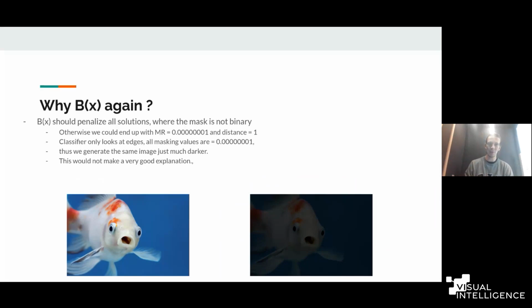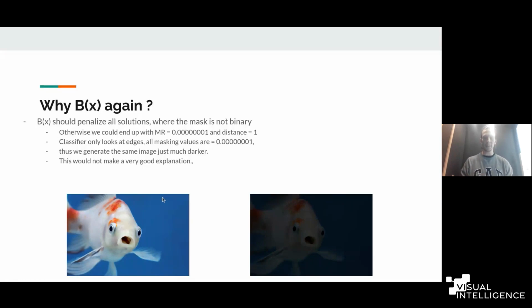Imagine you have some edge detection model we want to explain, or some model that only looks at edges. In our current loss formulation, this would be the masking of the image, because we scale the pixels down, so it would become a very high masking ratio. But for the actual images, it's just the same image but darkened.